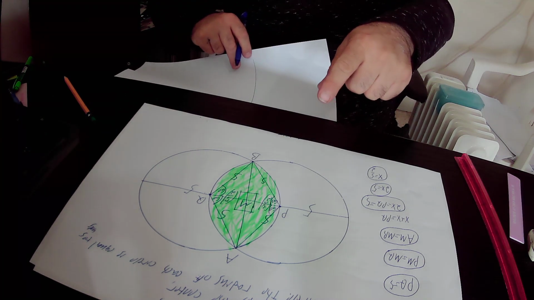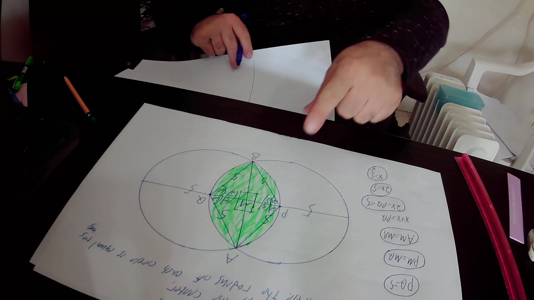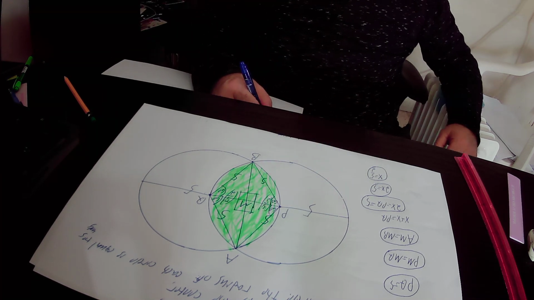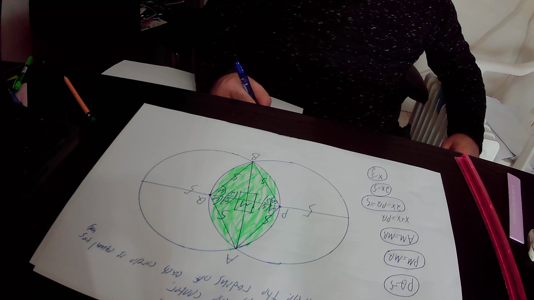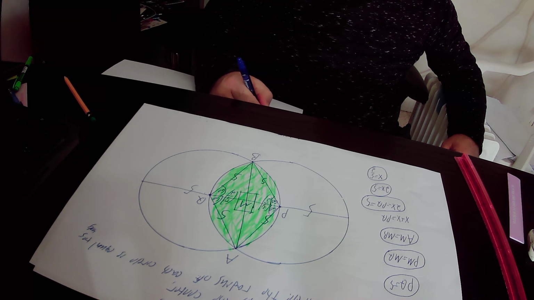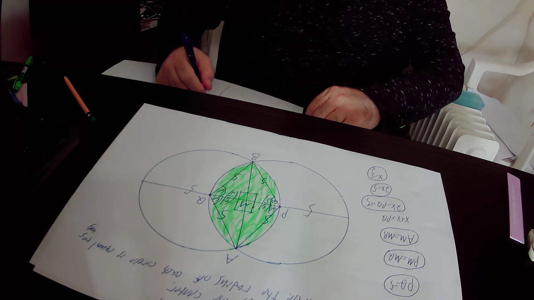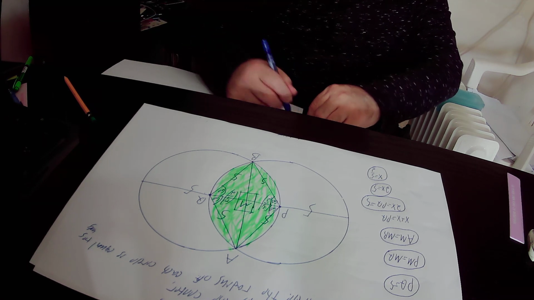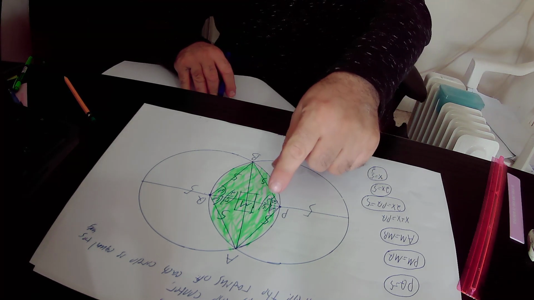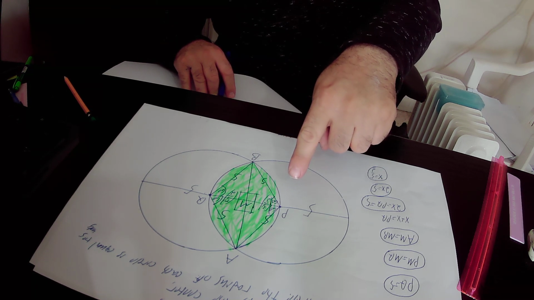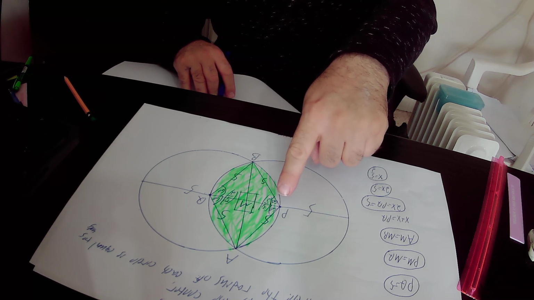What is the area of sector APB? The area of sector APB will be equal to pi r squared times 60 plus 60, which is 120.